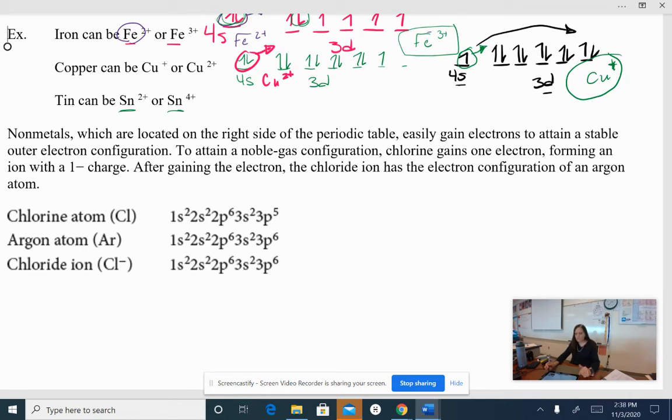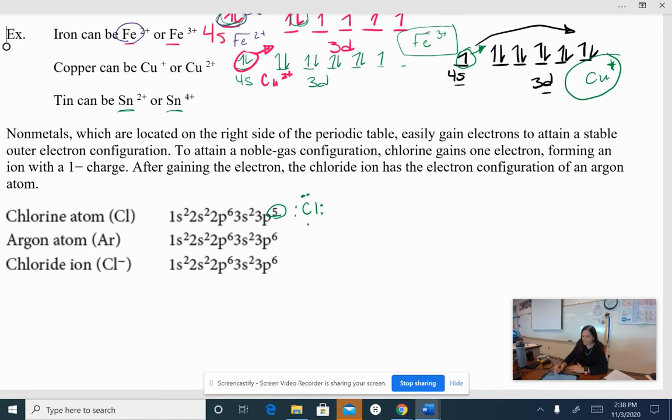To obtain a noble gas configuration, chlorine gains 1 electron. So if I look at chlorine, I'm just 1 electron away, that 3p5 away from being 3p6 and having a full valence shell. Because chlorine, as it is right there, has 7 valence electrons.